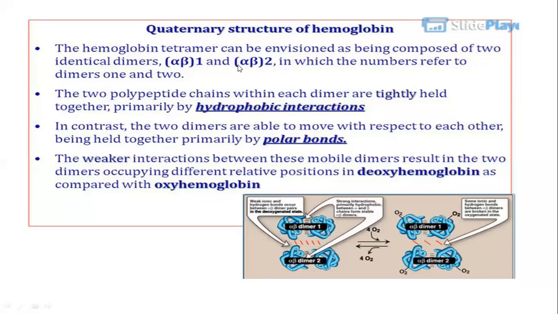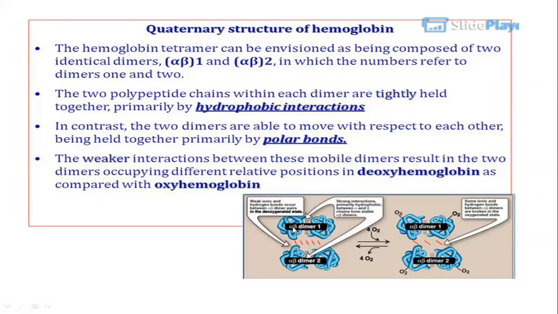So every hemoglobin quaternary structure has 2 dimers or 2 subunits. And it's also important for me to mention that the bonds between 2 globin chains in a dimer are described as hydrophobic. Hydrophobic means they are water-hating and they are very strong bonds.